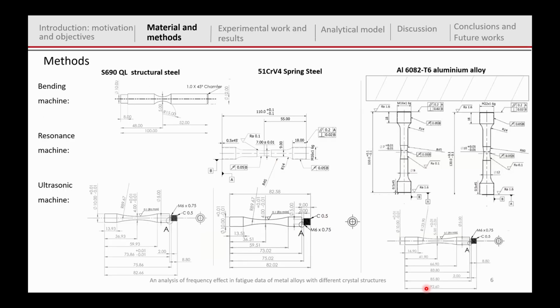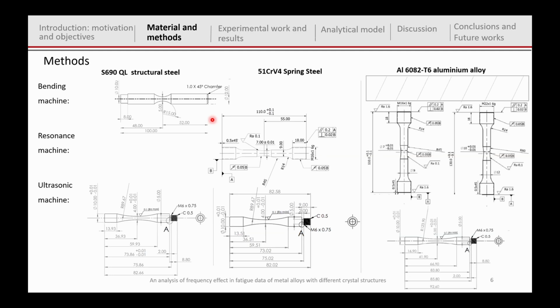And as I was saying before, usually when we have different testing systems, we need different geometries. You can see here a summary of the geometries that we consider for our experimental tests. As you can see, for the structural steel and for the spring steel, we consider the same geometry for the bending machine tests and the resonance machine tests.